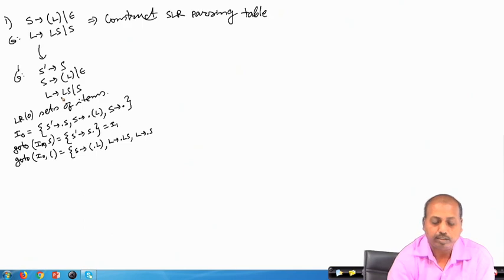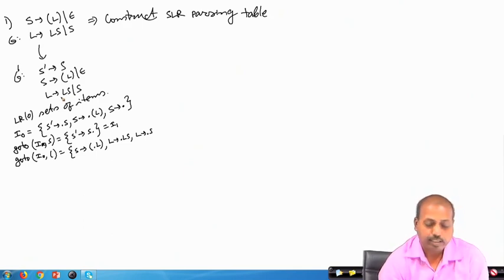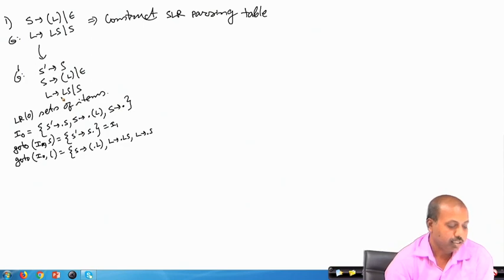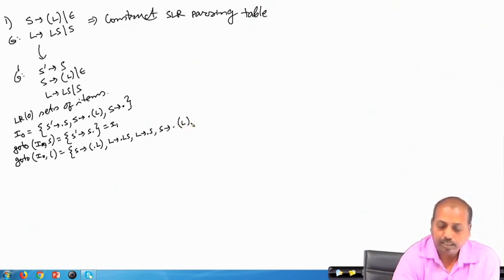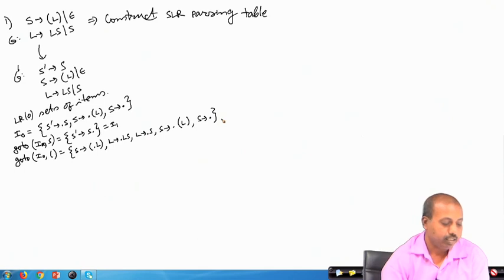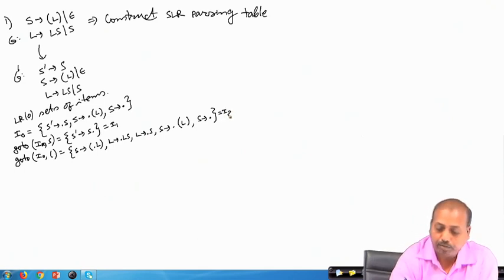From this rule I will get L producing dot Ls, and L producing dot S. Since I have got L producing dot Ls, this particular rule will give me again the same items, but this S producing dot S can give me 2 more items. One is S producing dot within bracket L, and another item is S producing dot. So, this is another new item that I have got. Let us name the new item as I2.